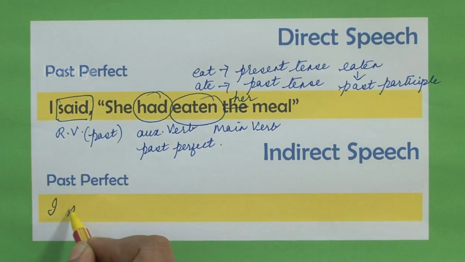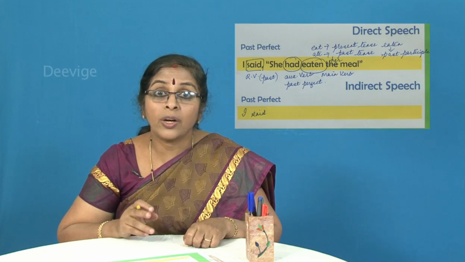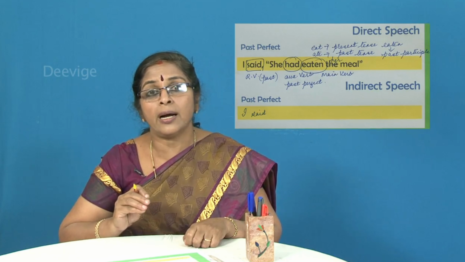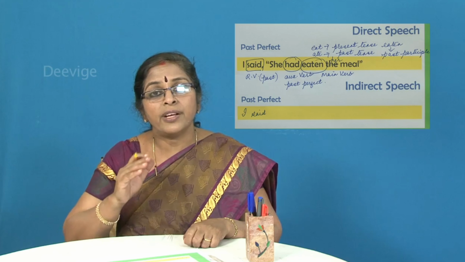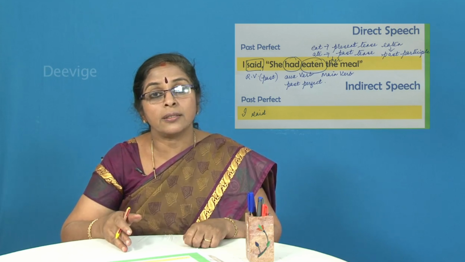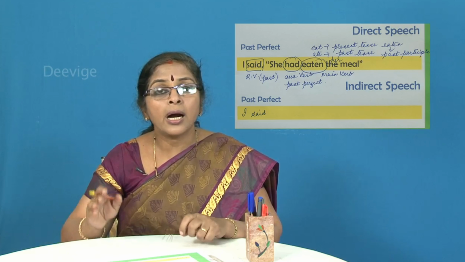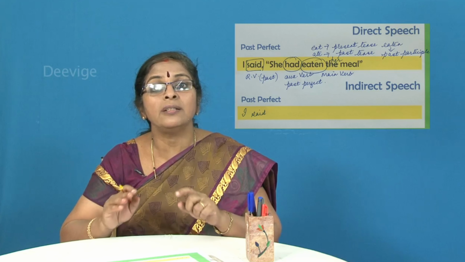I said. See, I. It is no doubt the beginning of the letter. At the same time, I also told you, whenever you write only I, whether it is in the beginning of the sentence, in the middle of the sentence, or at the very end of the sentence, I must be written in capital letter.